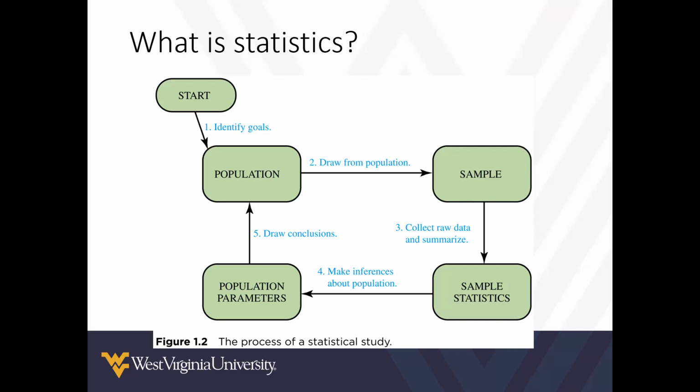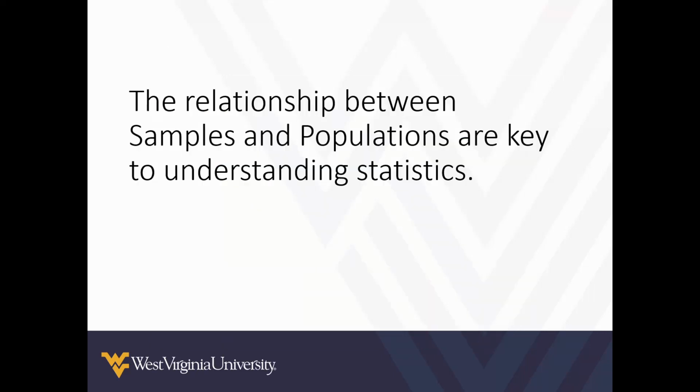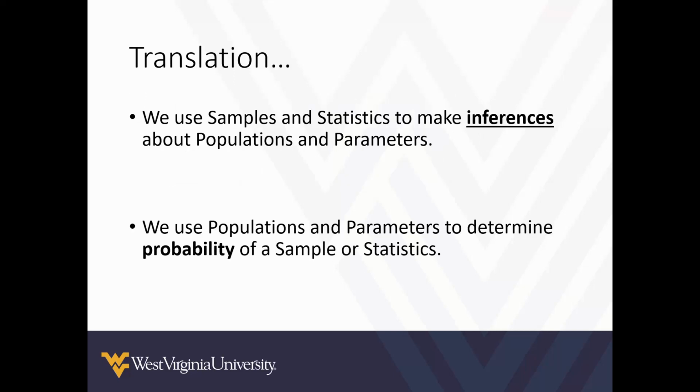If not, definitely we'll keep talking about this. The fact of the matter is that the relationship between samples and populations is key to our understanding of statistics, and they really go back and forth for us. We use samples and statistics to make inferences about populations and parameters.